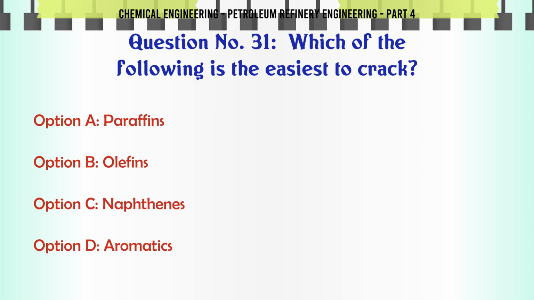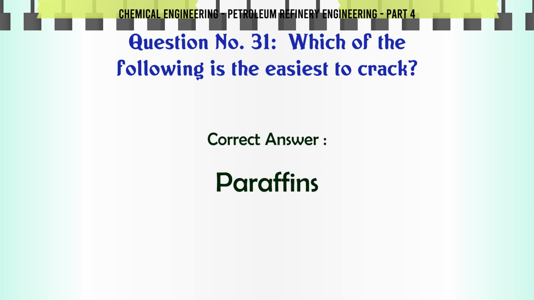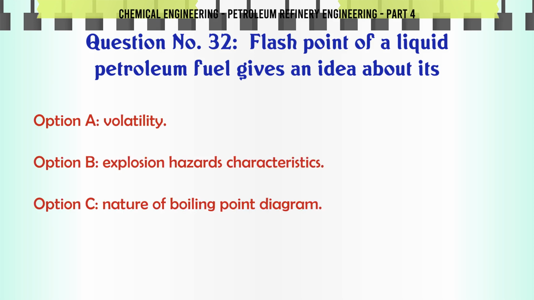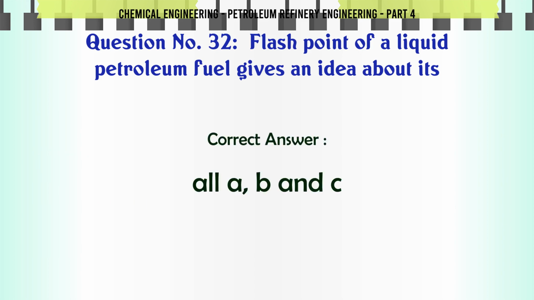D. Aromatics. The correct answer is paraffins. Flashpoint of a liquid petroleum fuel gives an idea about its A. volatility, B. explosion hazards characteristics, C. nature of boiling point diagram, D. all A, B, and C. The correct answer is all A, B, and C.